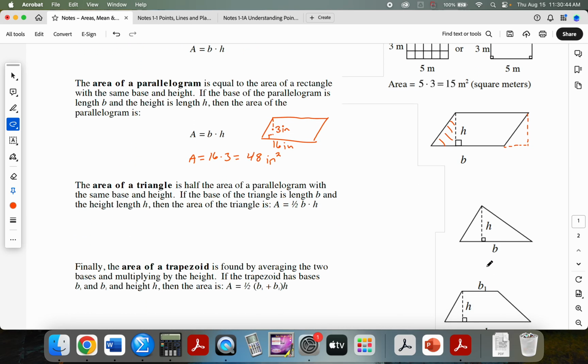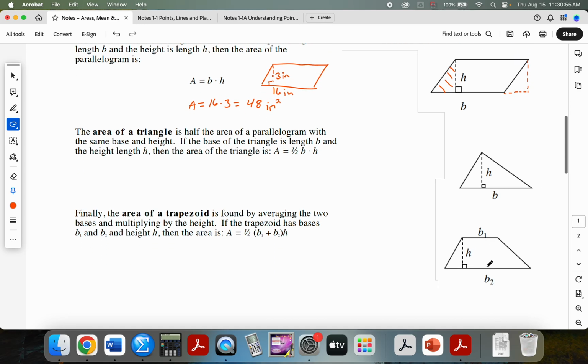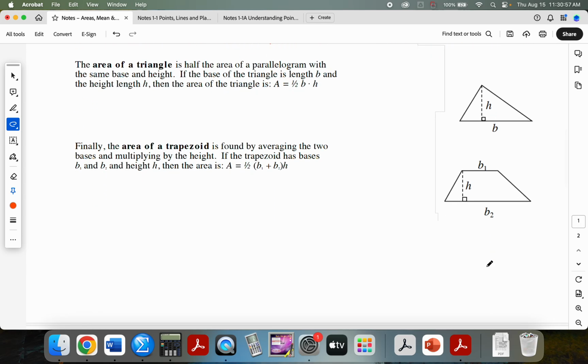So just one formula so far. It's base times height. That works for rectangles and more generally for any parallelogram. All right, well, let's look at triangles. The area of a triangle is half the area of a parallelogram with the same base and height.